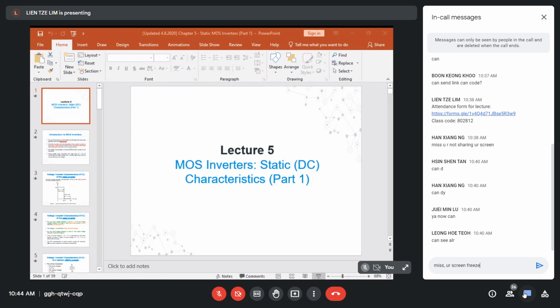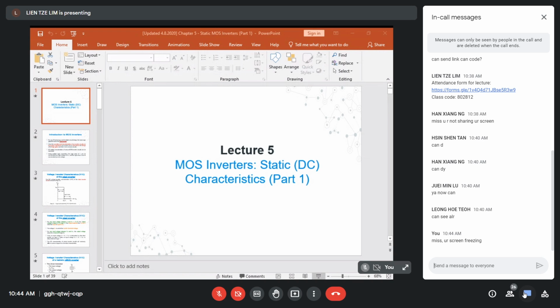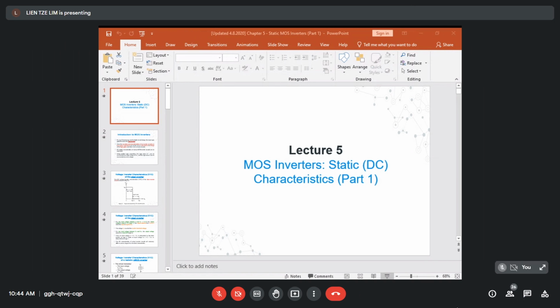We call this the DC voltage transfer characteristic, or VTC in short. This one you must remember, VTC. It is the voltage transfer characteristic of the ideal inverter circuit. So how should we interpret this graph?